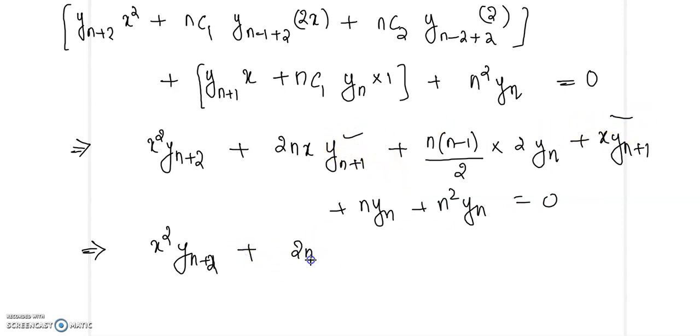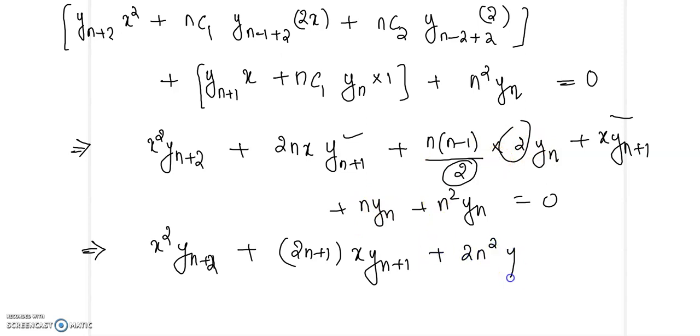So that is 2n plus 1 x yn plus 1, and here 2 will cancel off, ഈ രണ്ട് 2 cancel ആവും. So that is n square minus n yn, but n yn cancel out, so you will get n square yn equal to 0. So that is the required result using Leibniz theorem.